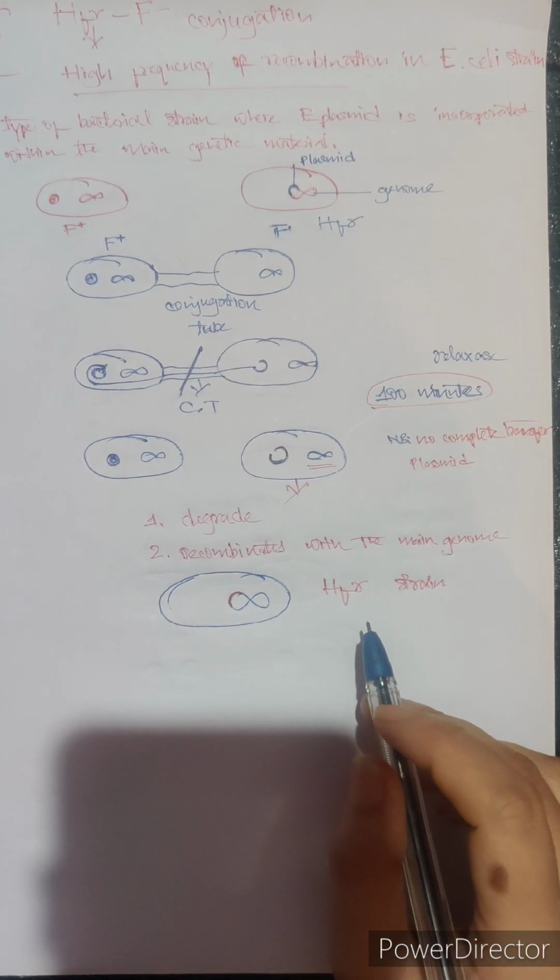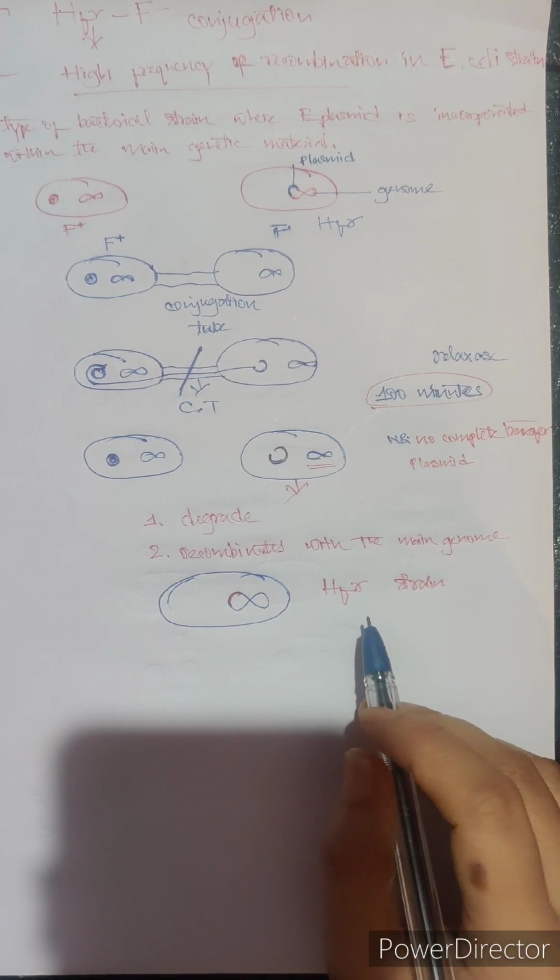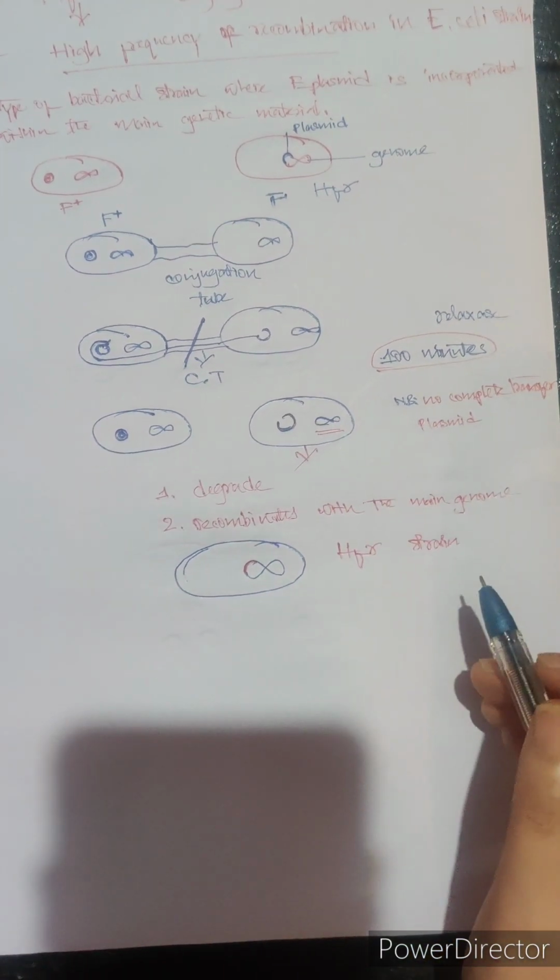Hfr stands for high frequency of recombination. Why is it called high frequency of recombination?